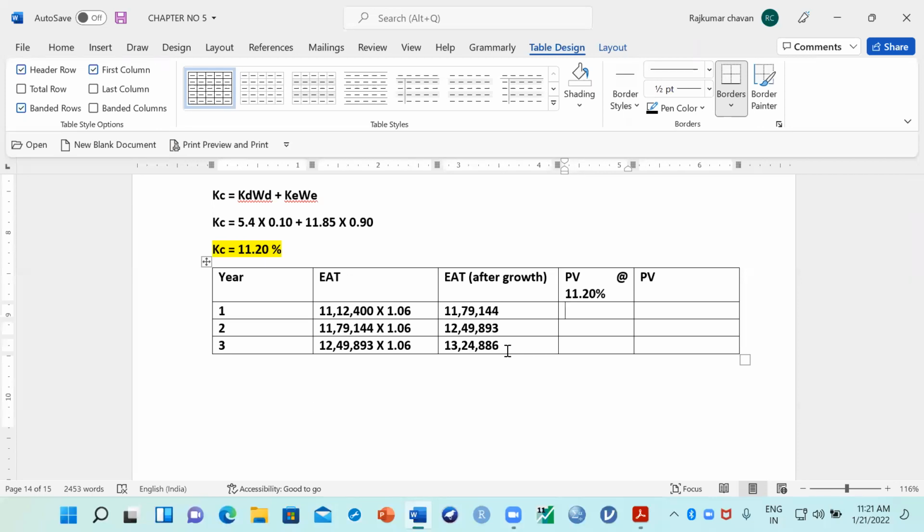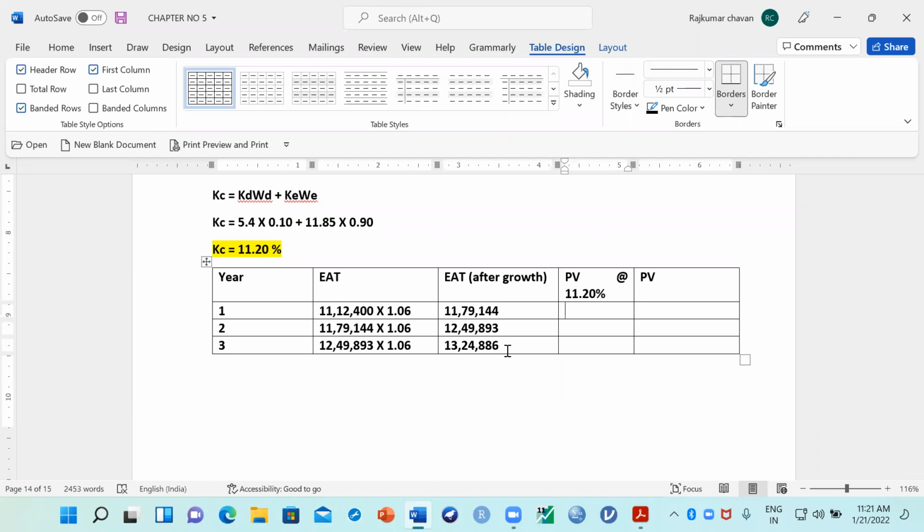What is the discounting factor? These are the future cash flows. Now, based on this, we have to calculate present value. But to calculate present value, we need to discount this value at 11.20%. So can you tell me here, what will be the present value for the first year at 11.20?